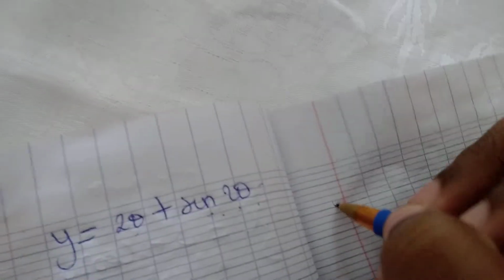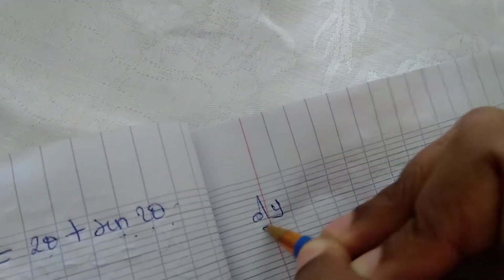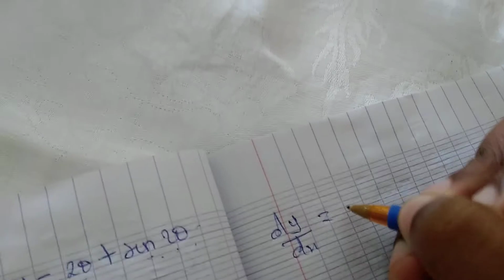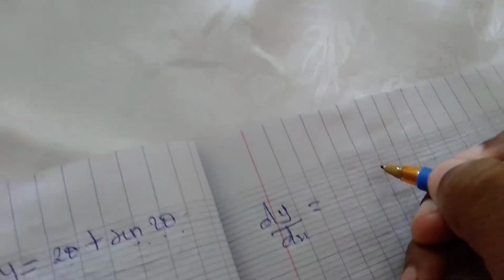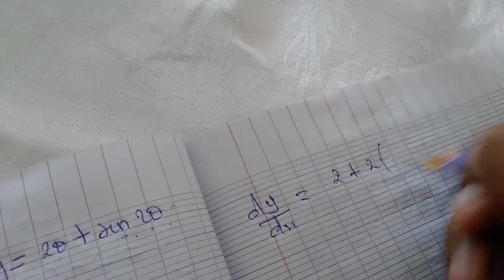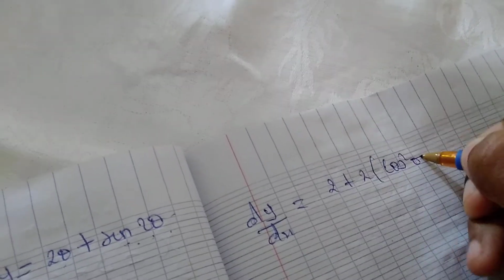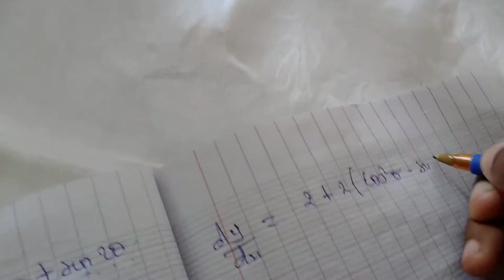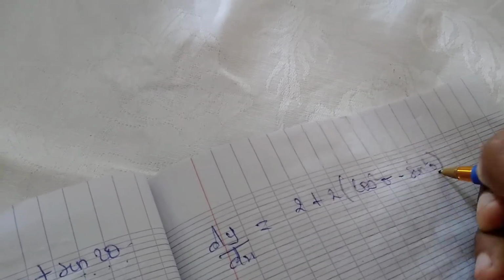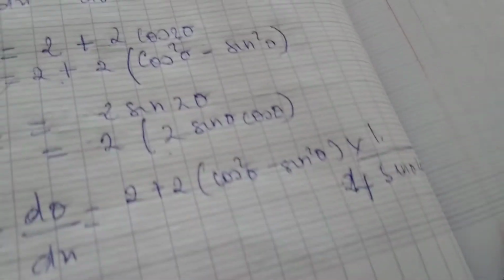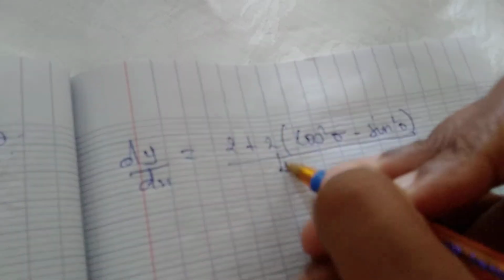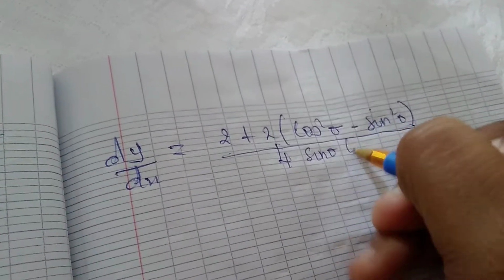So 1 times this whole thing will not really change. So now I'll write dy dx: I will have 2 plus 2 cos squared theta minus sine squared theta, all over 4 sine theta cos theta.